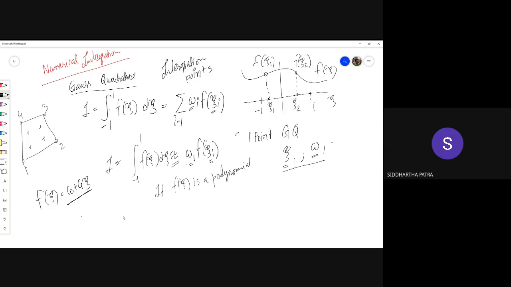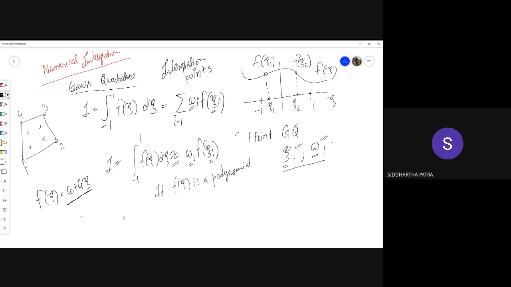So the values of xi and w which give you the exact value of the integration when you take a straight line are the correct values of xi1 and w1.